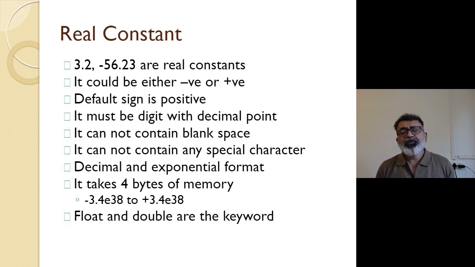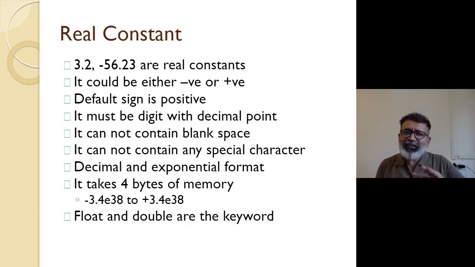If somebody asks you what the primitive constants are, you can say integer, character, and float, or integer, character, and real. Float is the keyword. In a true sense, built-in data types are integer and real.